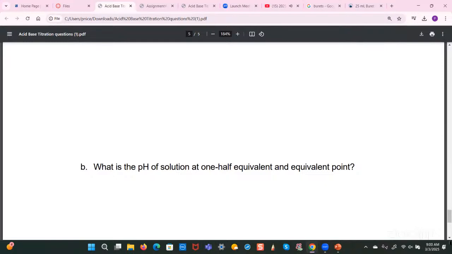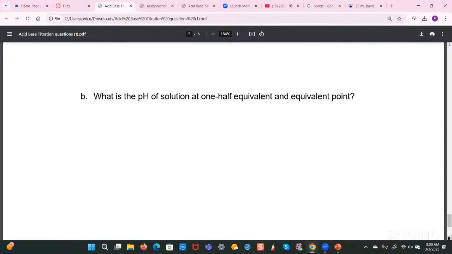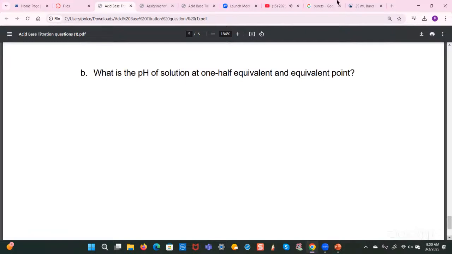can somebody remind me what the number of moles of the acid is? Hold on, let me scroll down. Okay, so the number of moles of the acid is what? 7.00 times 10 to the minus 3 moles, all right?